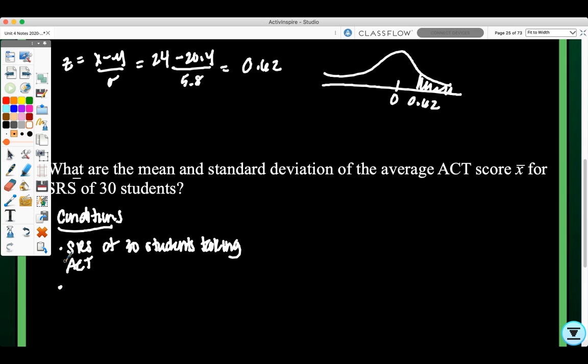Second, the population distribution of the ACT scores is approximately normal. So our sampling distribution model is normal.